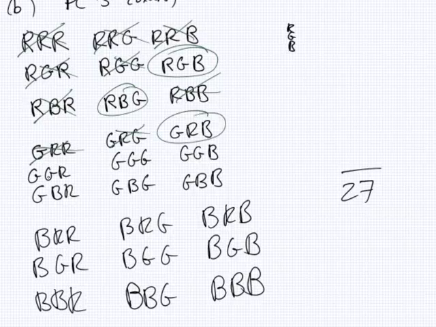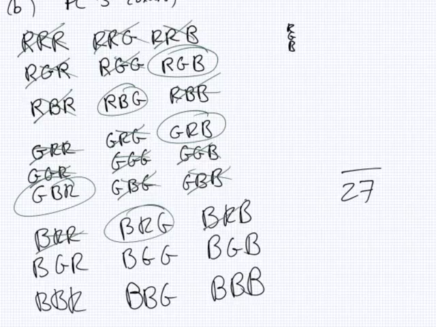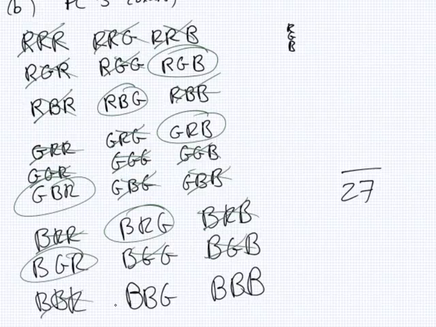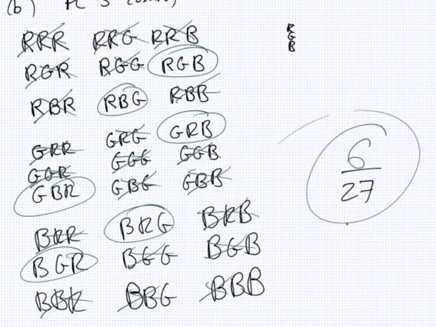This one, no. This one, no. This one, no. This one, yes. This one, no. This one, no. Yes. No. Yes. No. No. No. No. No. 6/27 is the answer here. Can we simplify this? Yes, we can, because this is a 2 and this is a 9. So 2/9 is the answer here. Yeah. Okay.